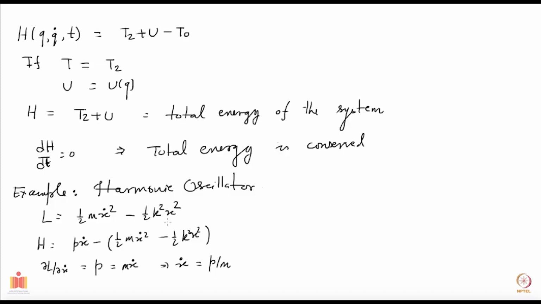So with this, I can write the Hamiltonian to be p square over 2m. I'm just substituting for x dot, p over m. So I get p square over 2m plus half k x square.